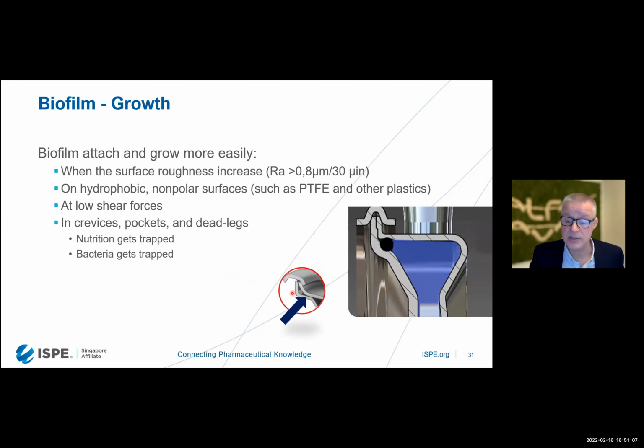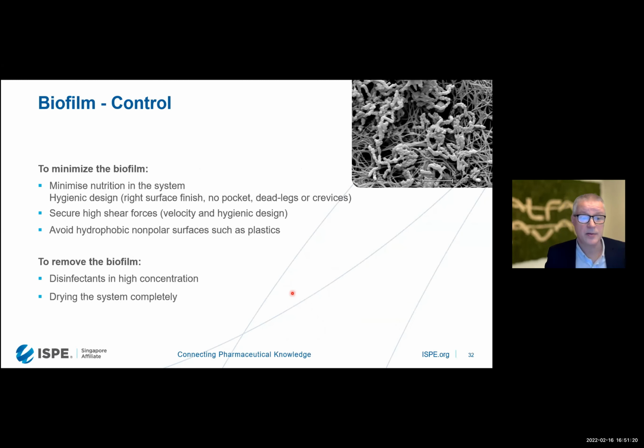But there are also some other guidances which you should look for if you have a problem with biofilm. And I have just put them here in the material for you to check later on. I can typically mention that how to control it is to minimize the nutrition in the system, because if you have nutrition, the bacteria will grow faster. And that is just to secure you have a hygienic design with the right surface finish and no pockets, dead legs, or crevices in your system.